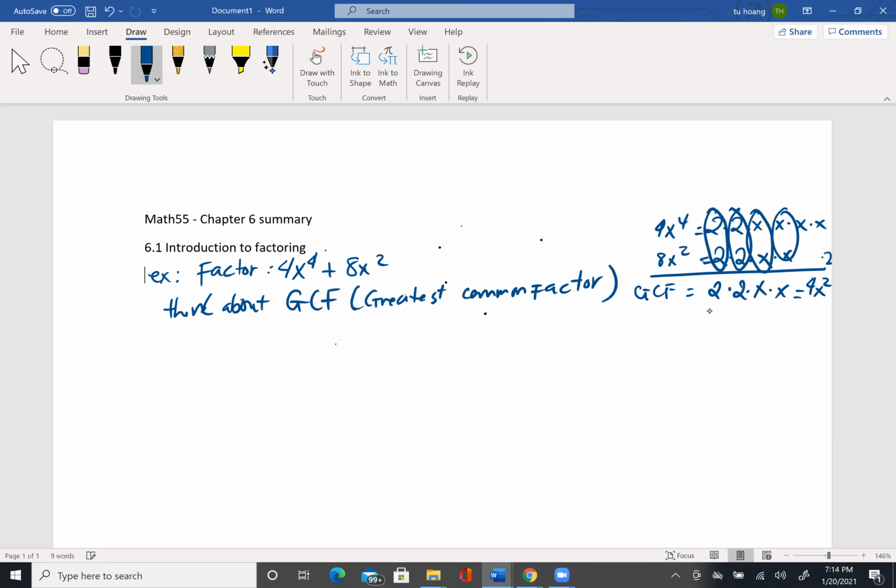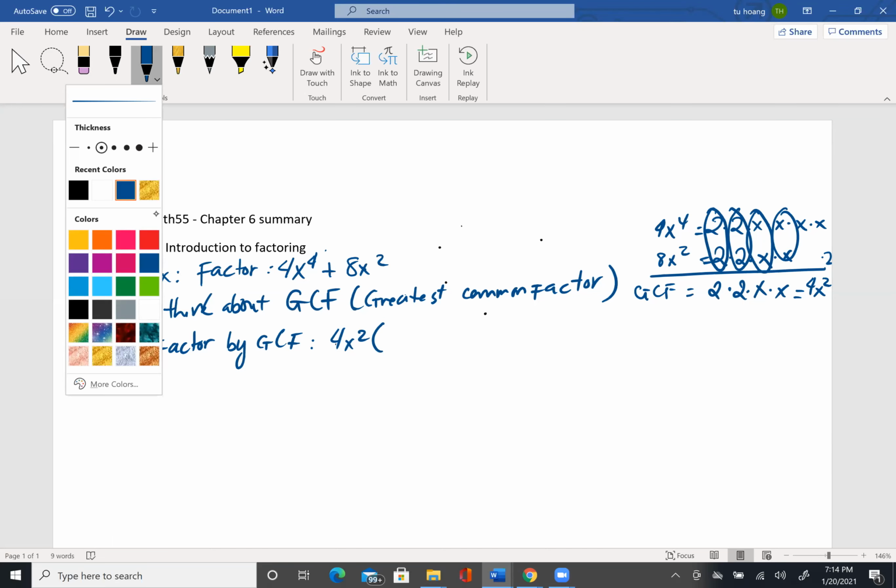Okay, so that's going to be the greatest common factor. And in order to factor this, now you're going to factor by the greatest common factor, which is 4x squared.